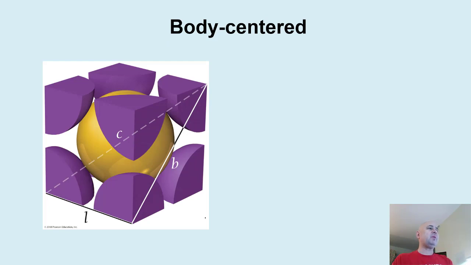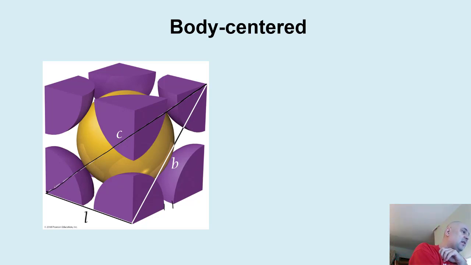It gets a little bit more complicated for the body-centered unit cell. You've got a little bit of a gap here, so L is not easily expressed in terms of r. We have to use a little bit of math here. And so if we look at a section of this cube that is completely connected by atoms, it would be the diagonal through the entire group, not on one of the faces, but from one of the opposite corners here, right?